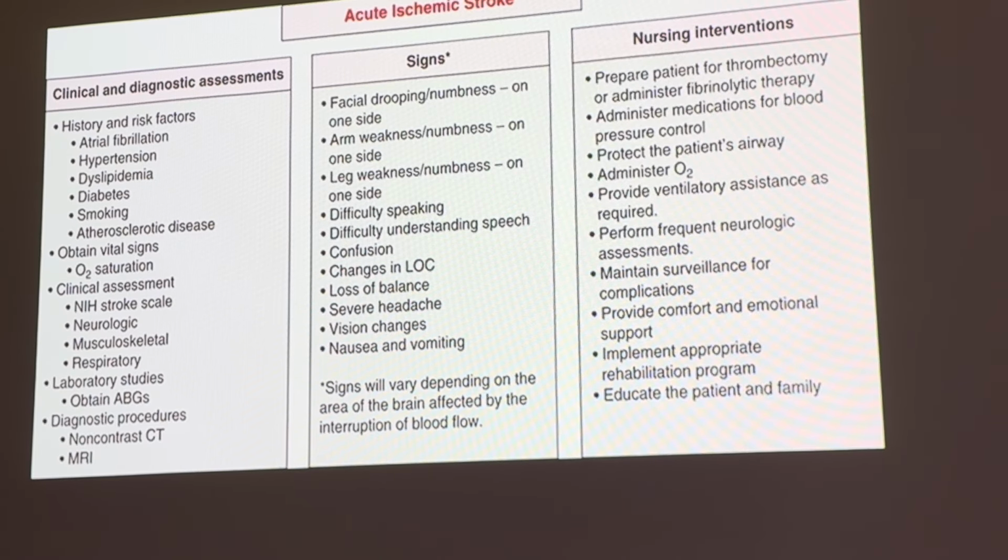Anybody else have any thoughts of contraindications for TPA? Surgery. So recent surgeries, good. What else? History of bleeding, so like a history of a GI bleed. Is there something in there about a history of recent MI? Recent heart attacks, good. What about medications like heparin and stuff like that? Yep, so if they've had heparin or low molecular weight heparin, Lovenox, within 48 hours.